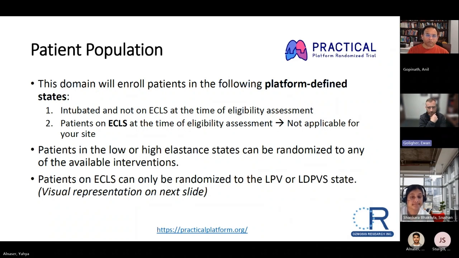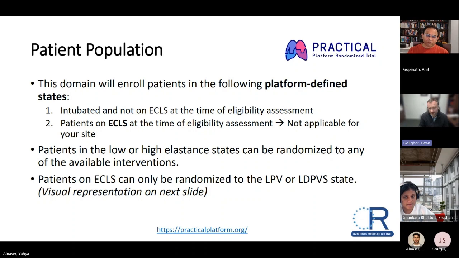All right, so with that background in place around how the trial is designed, let's talk about the patient population in the domain. In this domain, we're enrolling patients who are intubated, but not on ECMO at the time of eligibility assessment. Some sites are enrolling patients on ECLS at the time of eligibility assessment, depending on which interventions they're randomizing to.